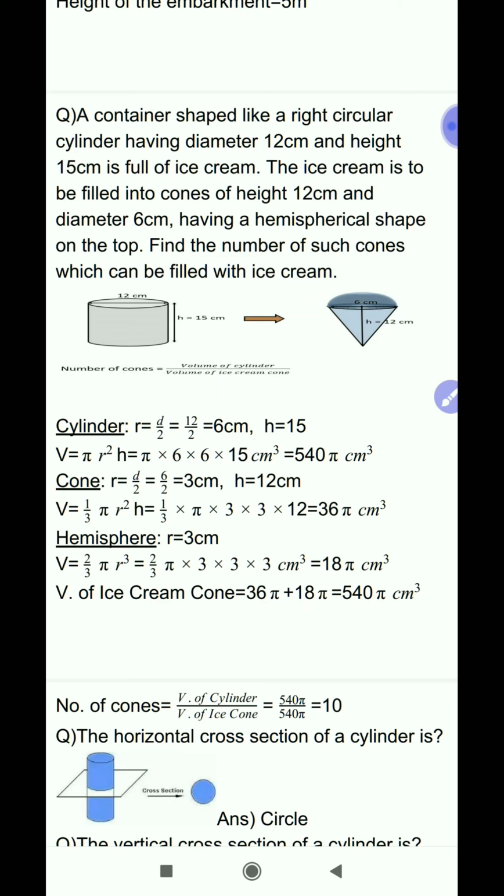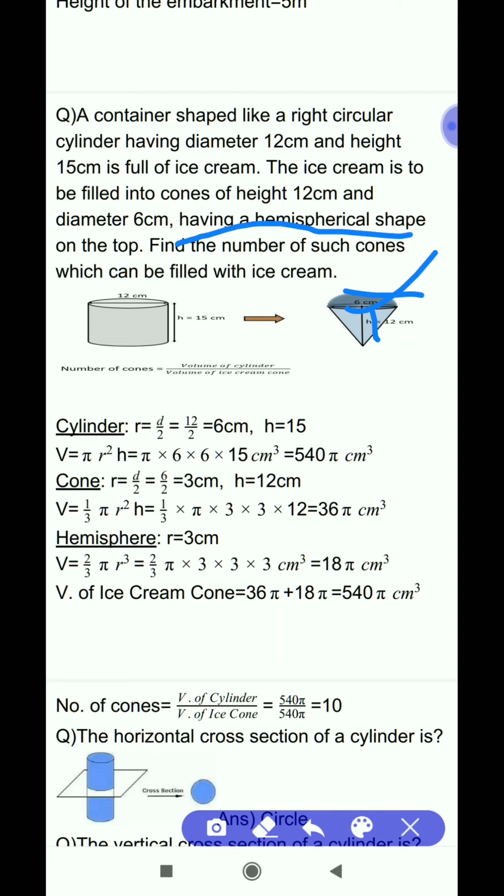The ice cream is to be filled into cones of height 12 centimeters and diameter 6 centimeters, having a hemispherical shape on the top. Find the number of such cones which can be filled with ice cream.